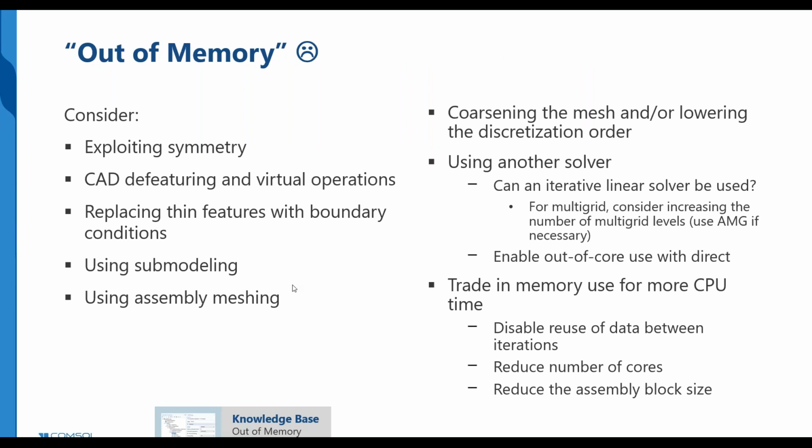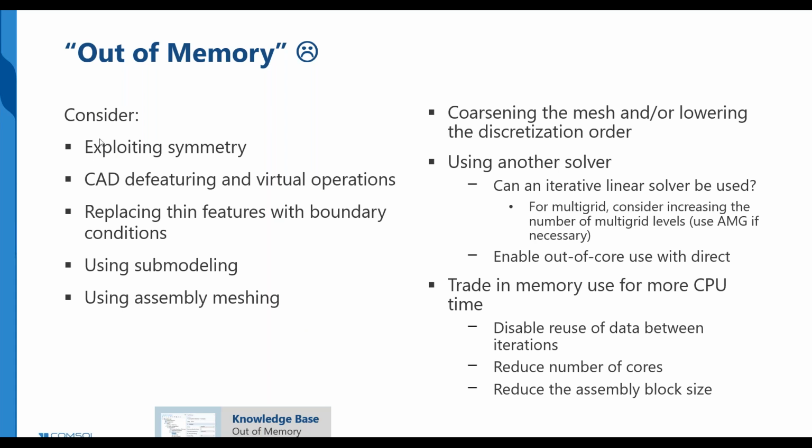So what can we do now? I mentioned that the multi-core parallelization takes a bit extra memory. What else can I do to reduce the memory requirement? First of all, there is a knowledge base entry on this, which you can read after this presentation to learn more.